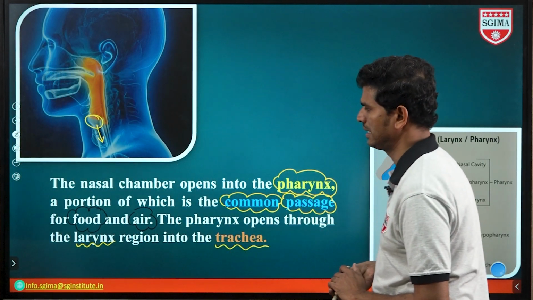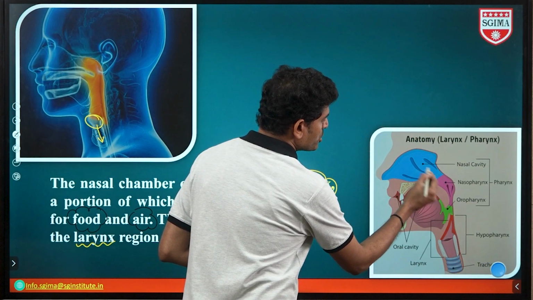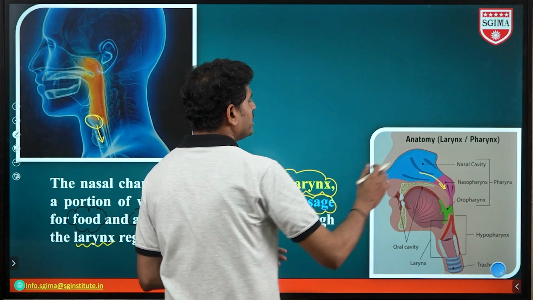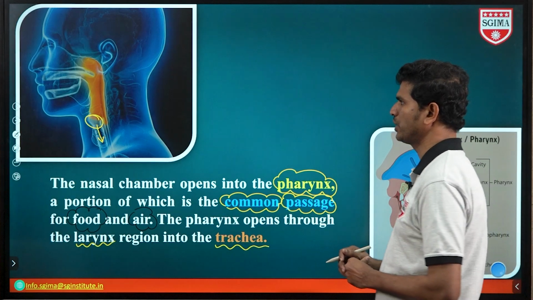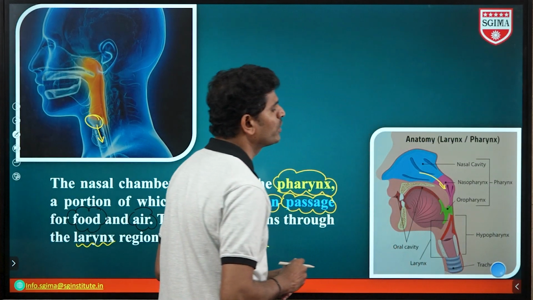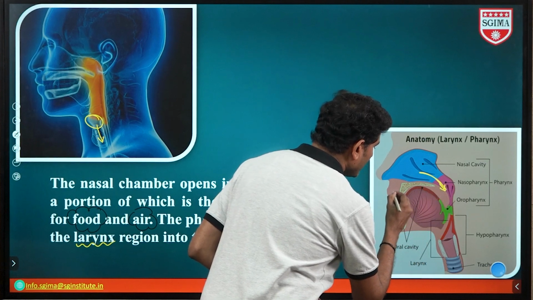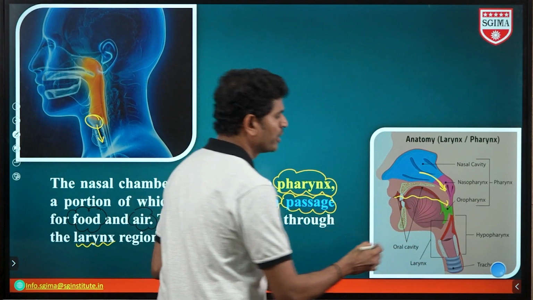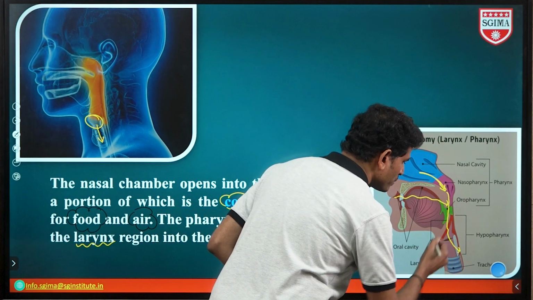Now, first of all, the pharynx. This nasal chamber, look here, will be communicated with the pharynx. Then this pharynx is a common passage for food and air. Why are we saying common passage for food and air? From here air comes into the pharynx and from here food goes into the pharynx.